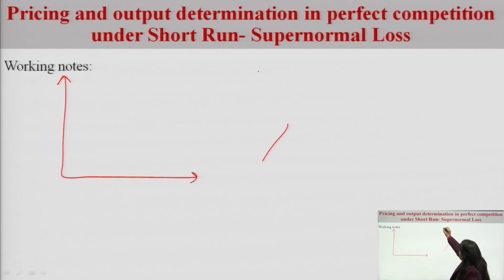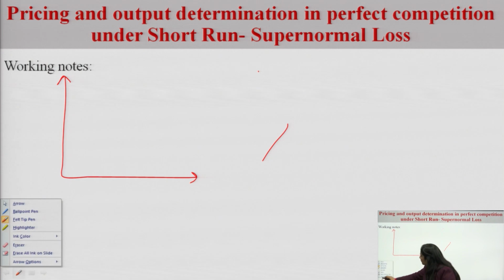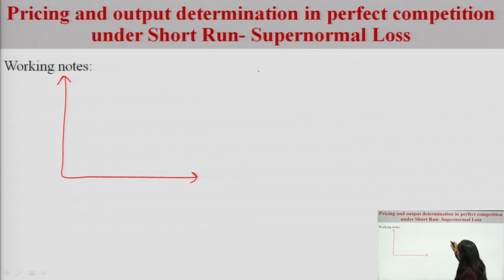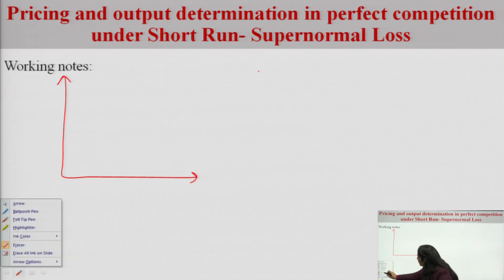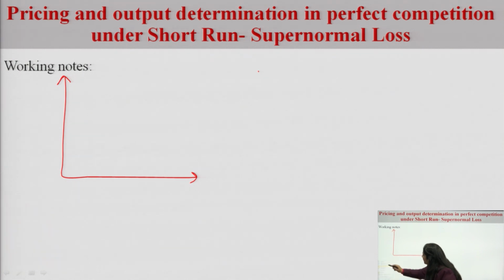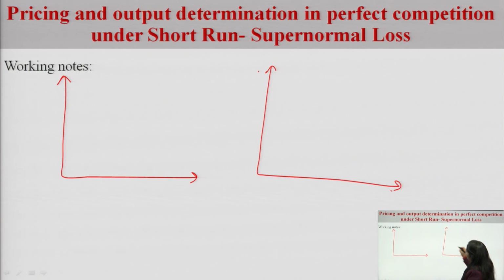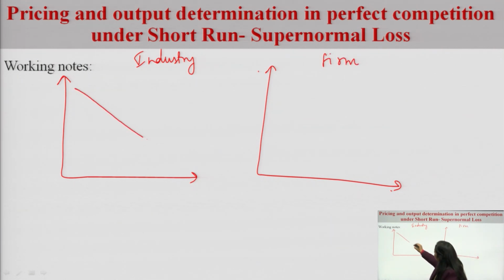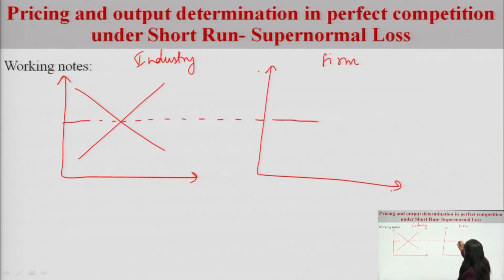How are the supernormal losses determined? Again doing the same thing, but here we will take a different cost for the seller. Again, it is the industry and it is the firm. Here is the demand and the supply, here is the market price determined for the seller, and the seller is again selling at price OP.